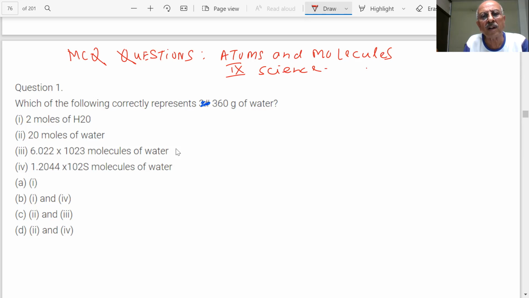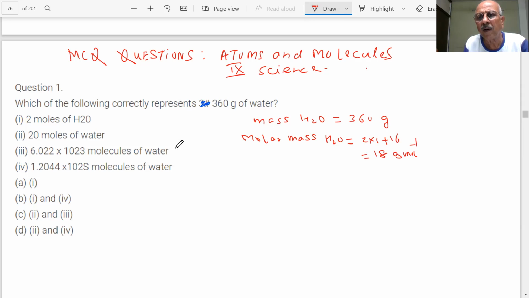What is the mass of water? 360 gram of water. What is the molar mass of water? 18 gram per mole.